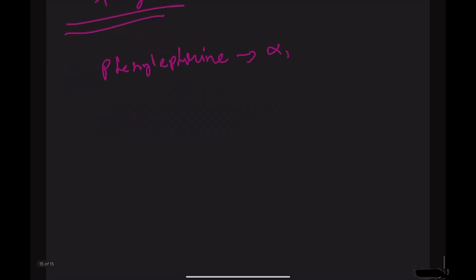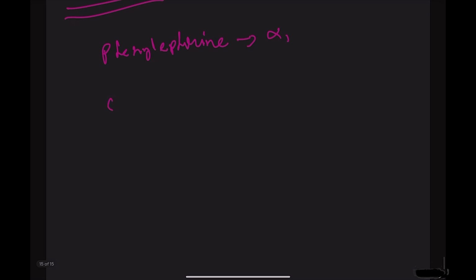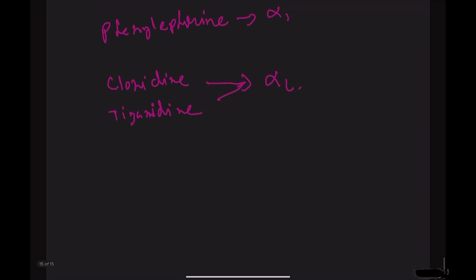Now let's talk about the specific adrenergic agonists. We have phenylephrine, that is alpha-1 selective. We have clonidine and tizanidine. These drugs are alpha-2 selective.